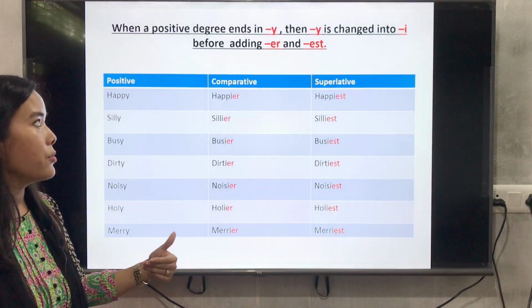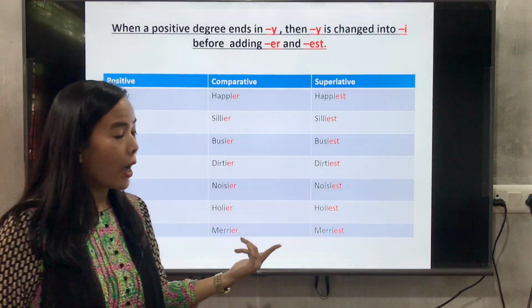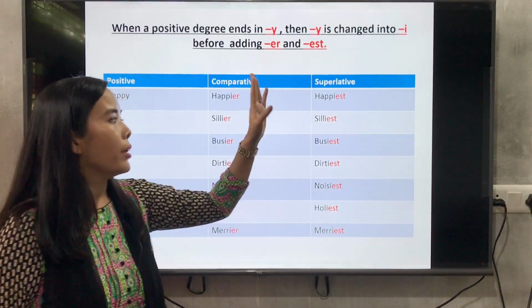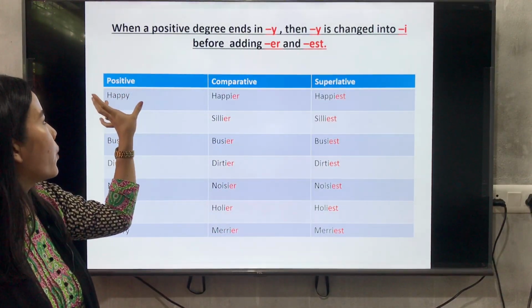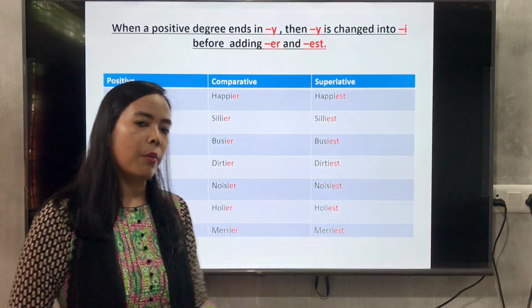And when the positive degree ends with letter Y, then we need to change letter Y into letter I before adding ER to make it a comparative, and we again need to change letter Y of the positive to letter I, then add EST to make it a superlative form of degree.